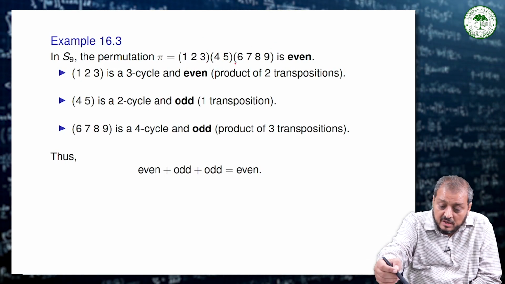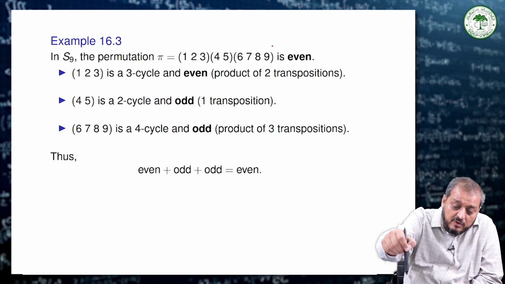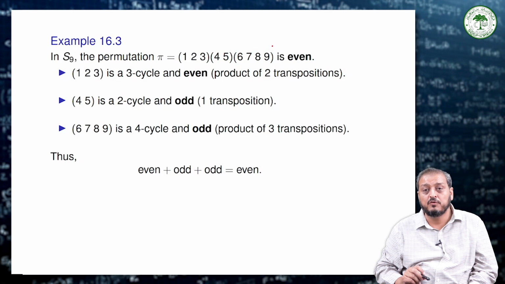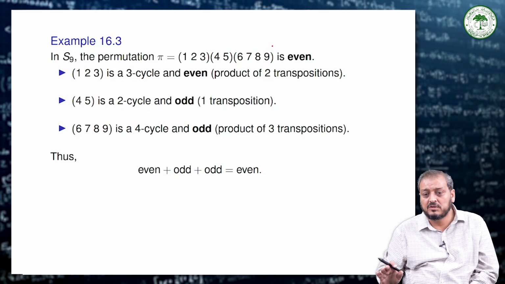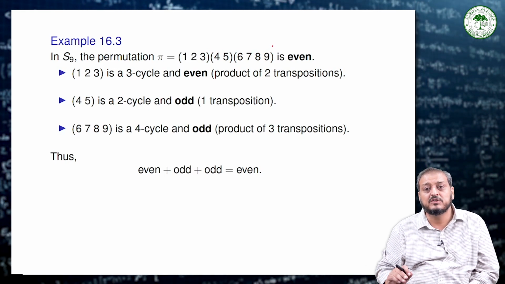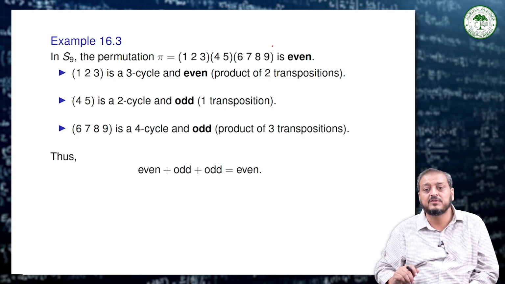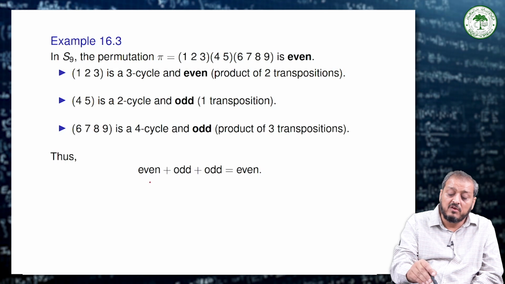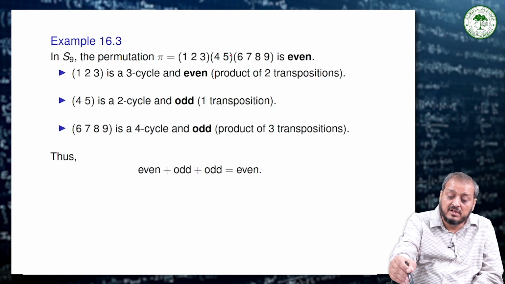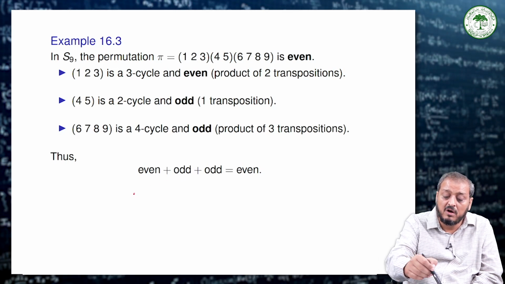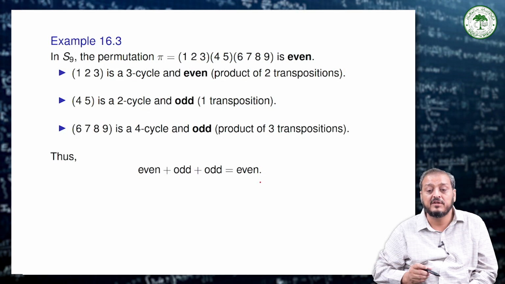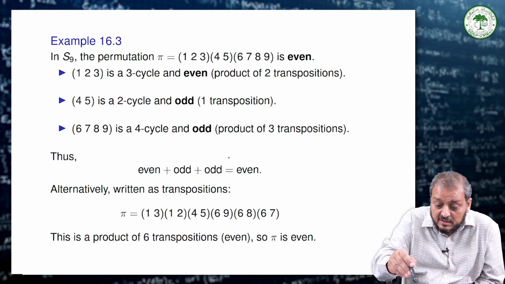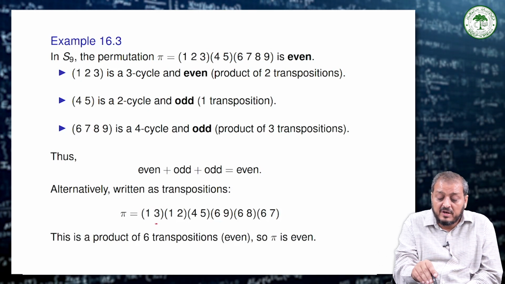And the 4-cycle is always giving you 4 minus 1, equal to 3 transpositions, odd. So this means an odd number of odd cycles, and so by this we can say that even plus odd plus odd is completely equal to an even permutation.